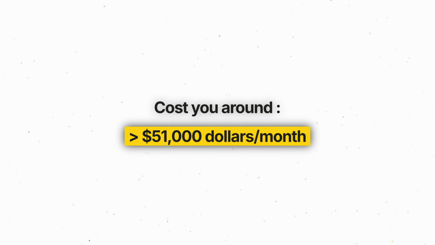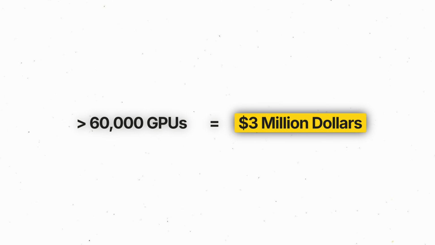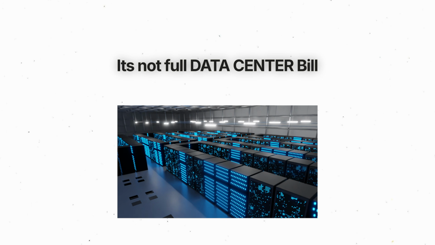Then you jump to the 70 billion parameters. Now you're dealing with more than 1,000 GPUs, and the electricity bill jumps to over $51,000 a month. And then you've got the biggest model, which is 405 billion. If you're running 60,000 GPUs, the power bill is roughly $3 million a month. And that doesn't even include cooling, so again, this is not a full data center bill.